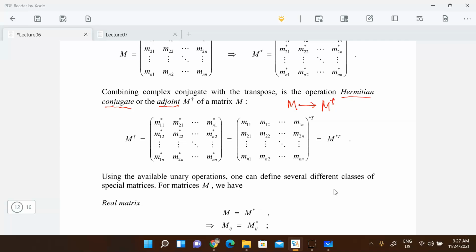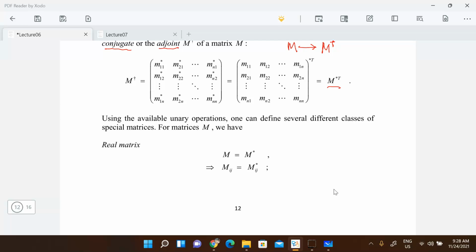Then if you have this operation, one can identify it with something like a rotation, but it's a rotation in a complex space. But I will leave this for later. I will just define first that the dagger operation is simply the complex conjugate, and then you do the transpose. This is easy enough for you to think of.